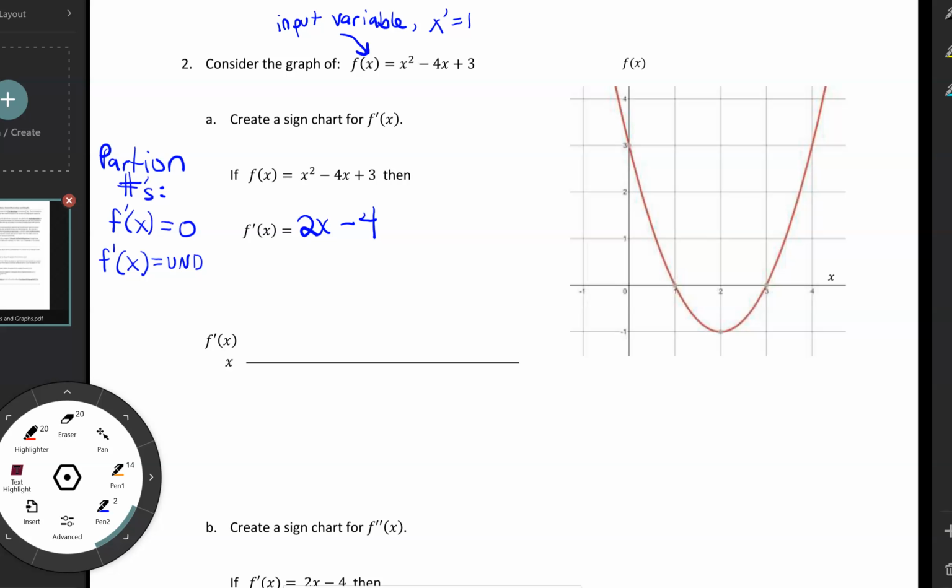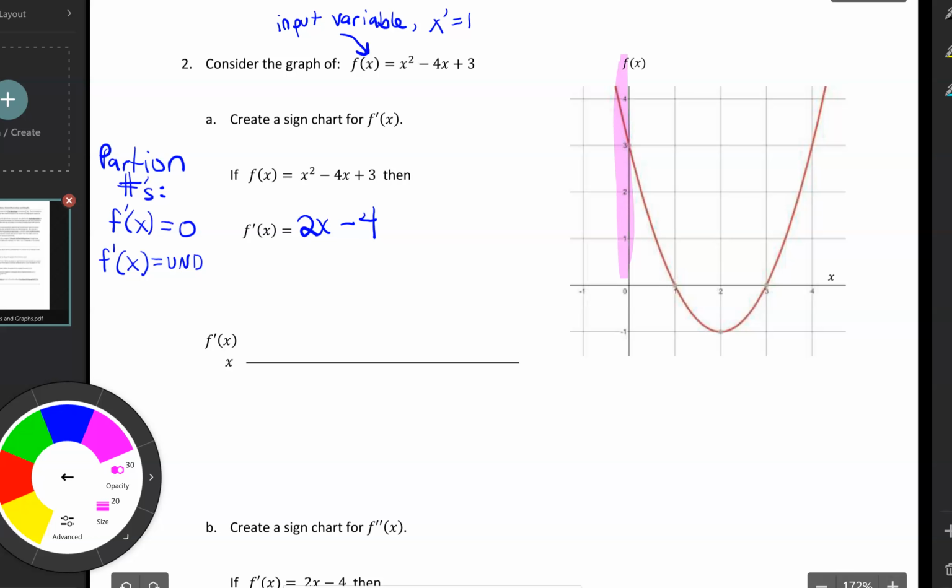And I know we kind of skimmed over sign charts back on test 1. I ended up not testing them because of all those technology issues we had. But the reason why these are partition numbers is this. Sign charts are going to deal with signs, negatives and positives, right? Well, the only way you can change from positive numbers to negative numbers is if you cross through the number 0, right?